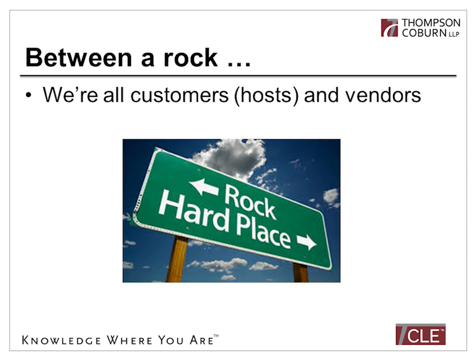One of the challenges in particular is that we are all customers and we are all vendors in one sense or another. Every client I have, and I work mostly on the customer side of the table, but I do represent a number of vendors as well.